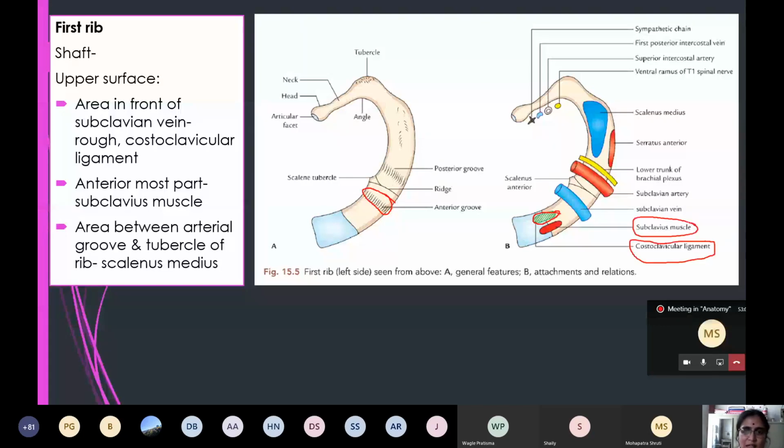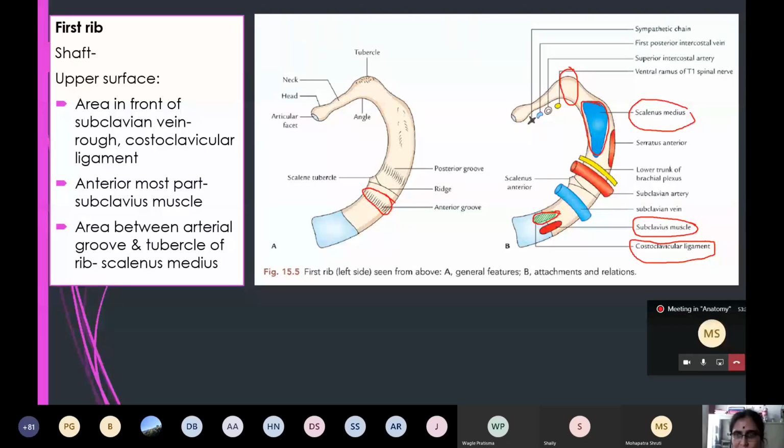Whereas the area of the upper surface between the groove for the subclavian artery and the tubercle of the rib provides attachment to the muscle scalenus medius.